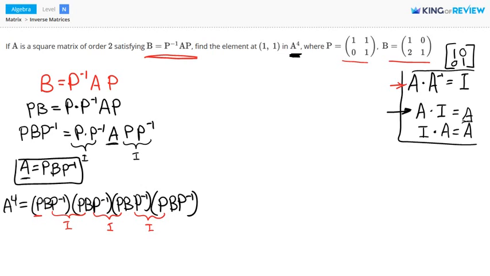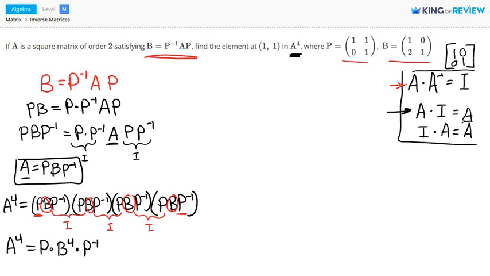Well, P is left, and this very last P inverse is left, and then we have 1, 2, 3, 4 matrix B's left. So let's write that out. So we now know that A to the 4th power is equal to P times B to the 4th times P inverse.